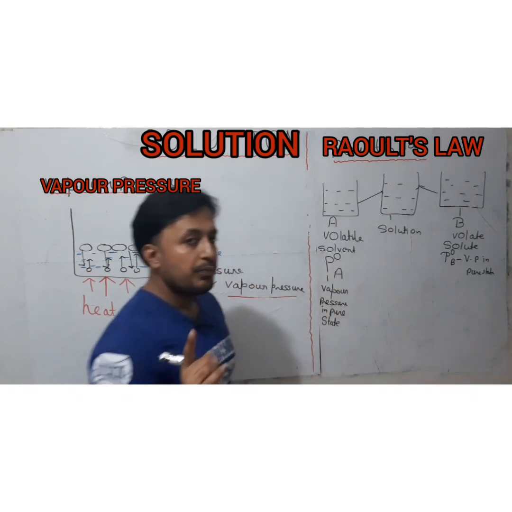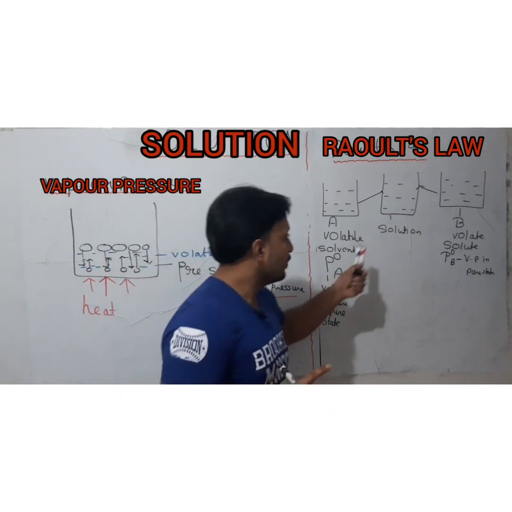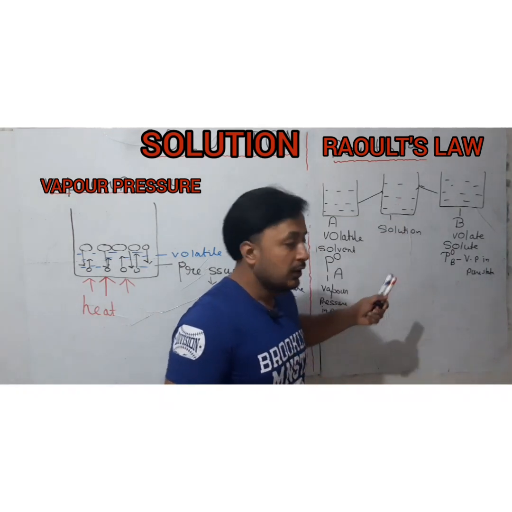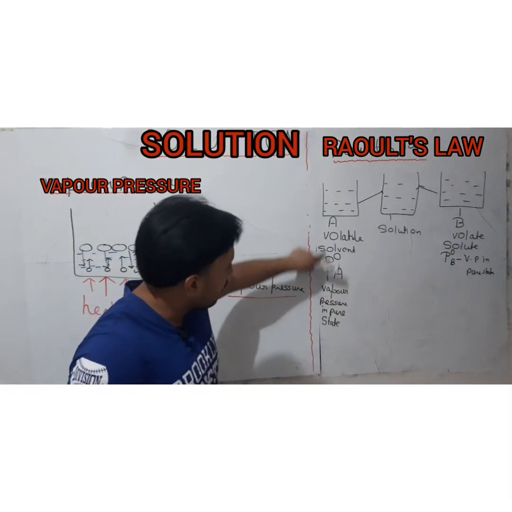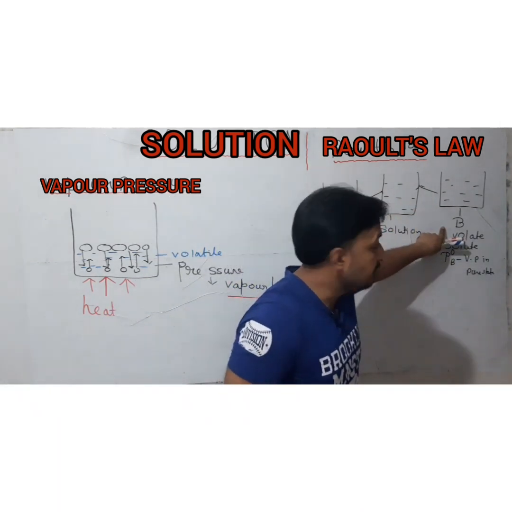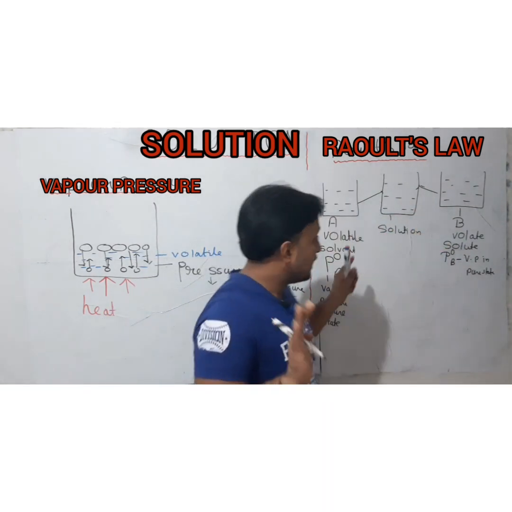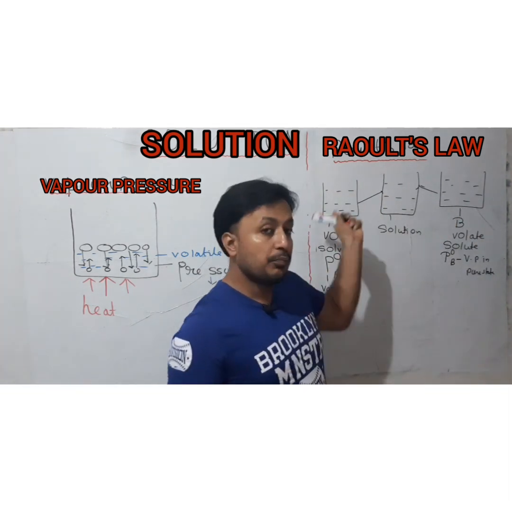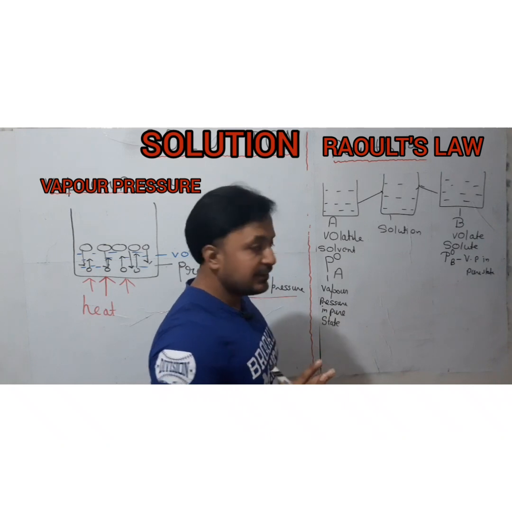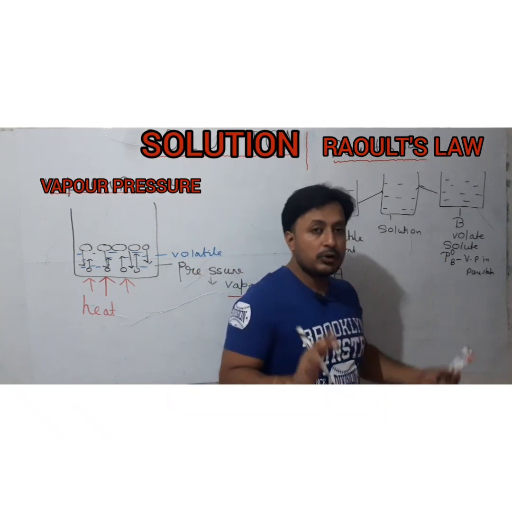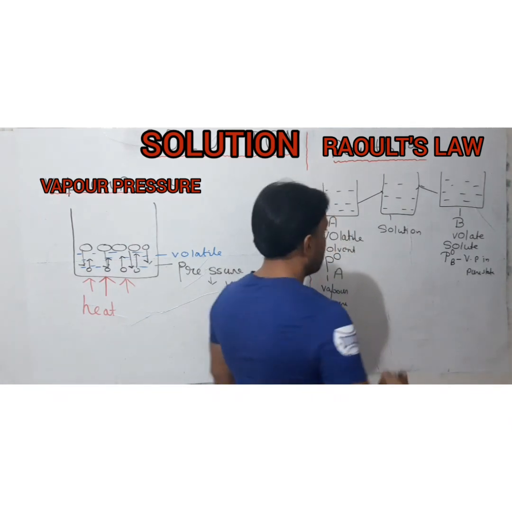So when you make a solution, the pressure of the two components will be present in the solution, that is the vapor pressure of component A, that is solvent, and the vapor pressure of component B, which is solute. You understand? That is, the solution which is prepared will have the vapor pressure of both components. So in such a case, when the solution is prepared, the vapor pressure of each component cannot be the same as in their pure state.